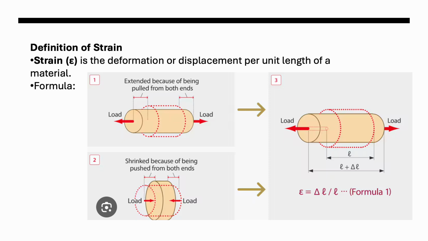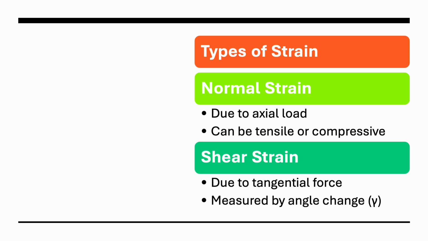This is normal strain. Again, we will have the other type of strain, which is, for instance, shear strain, that is due to tangential force, where we will measure angle change, and of course we will have some strain due to temperature change. Imagine that we have some steel which is subjected to high temperature.